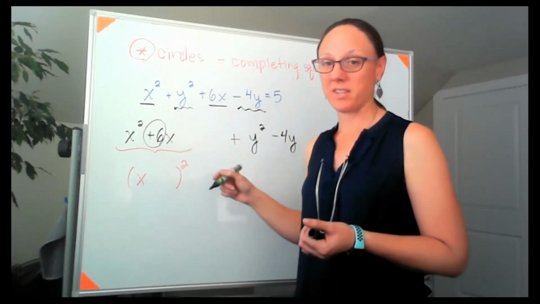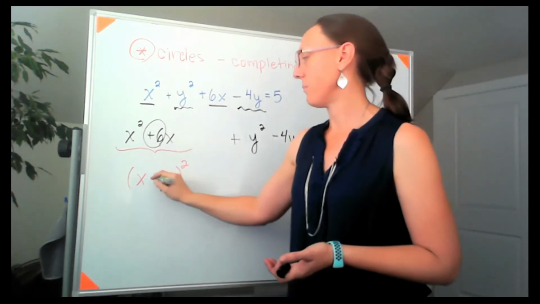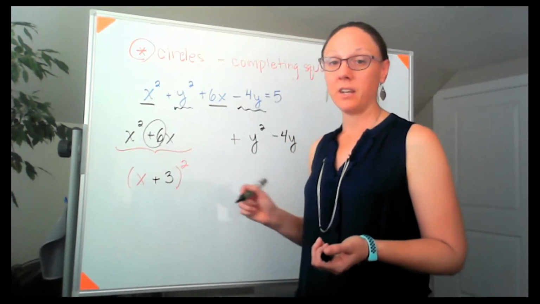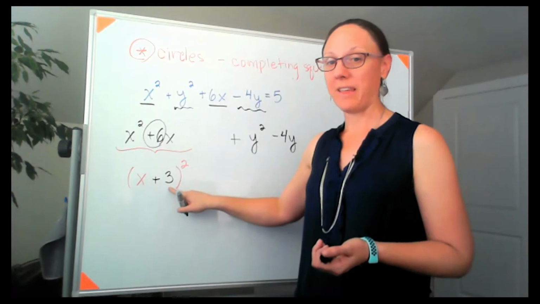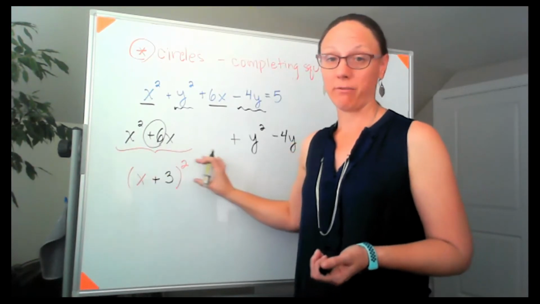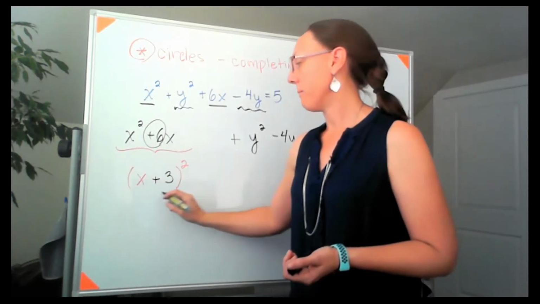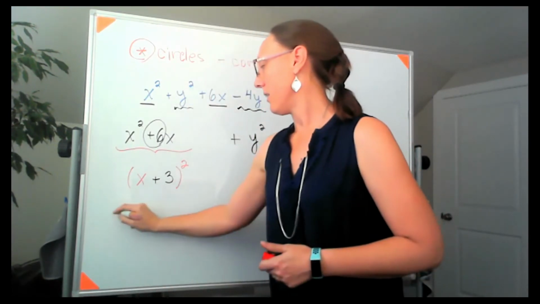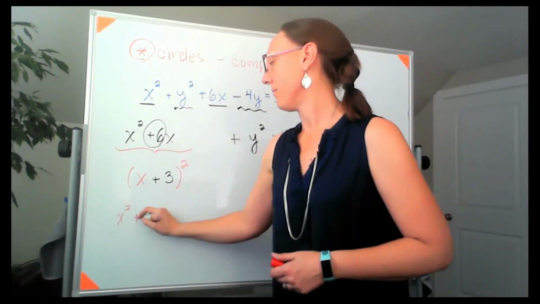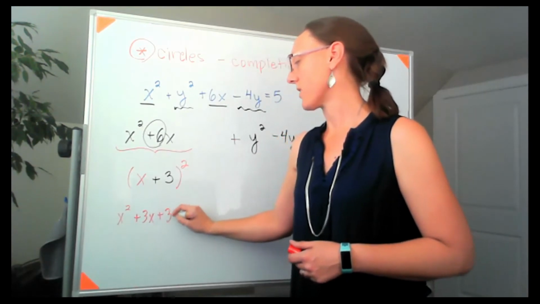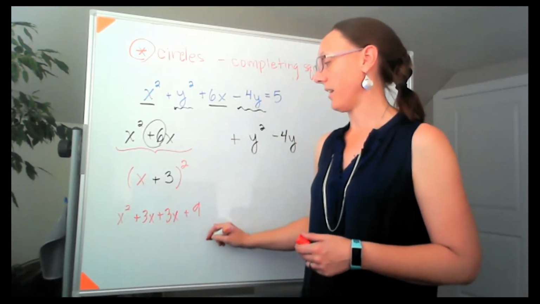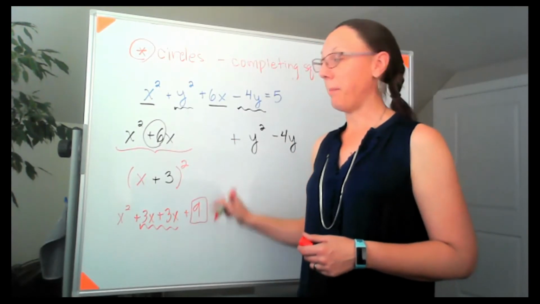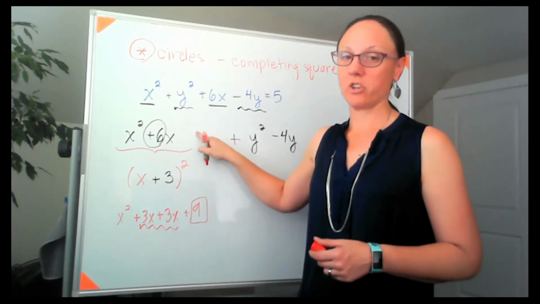So if this is a plus 6 and I take half of that, this is going to be plus 3. But if I multiplied this out, I would end up with x squared plus 3x plus 3x plus 9. So I'd have that 6x, but this 9 wasn't there in the original problem.